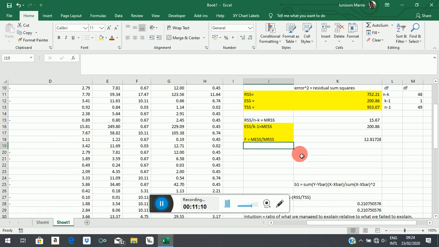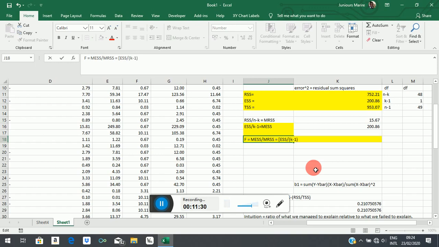Of course, you can complete this just to make sure you don't get lost. So it's actually ESS, let's use corner brackets. It's ESS over K minus 1, right?